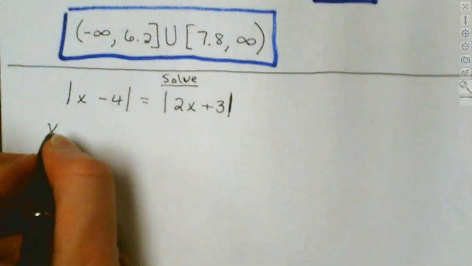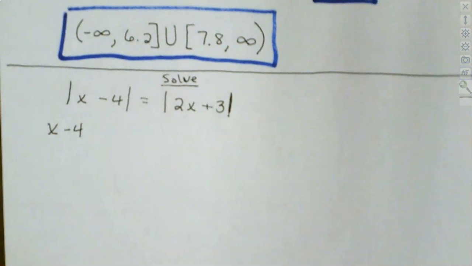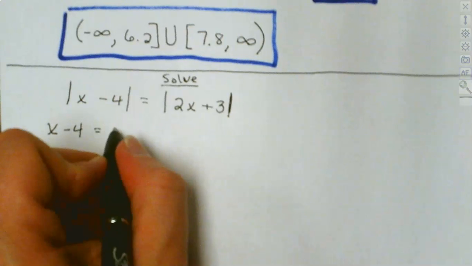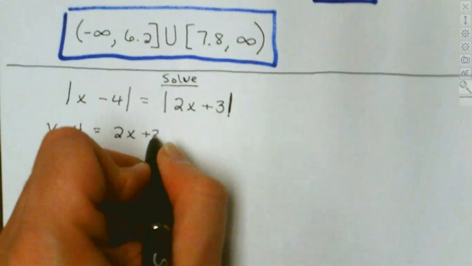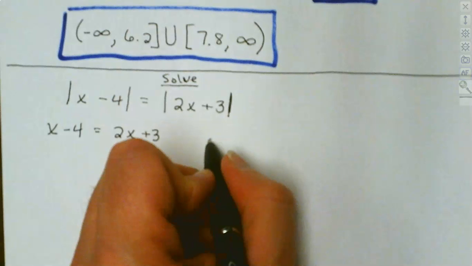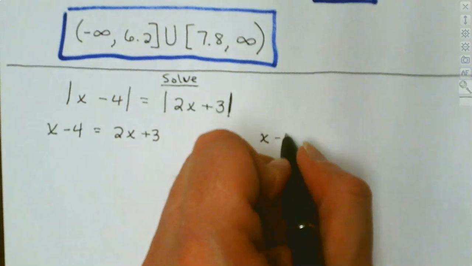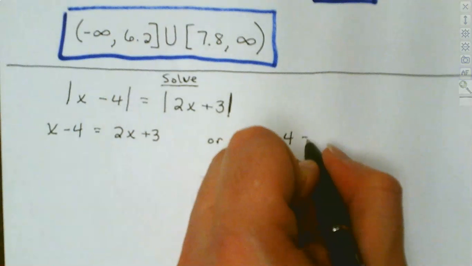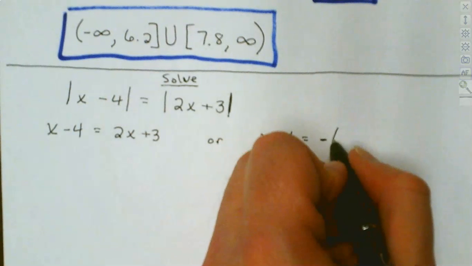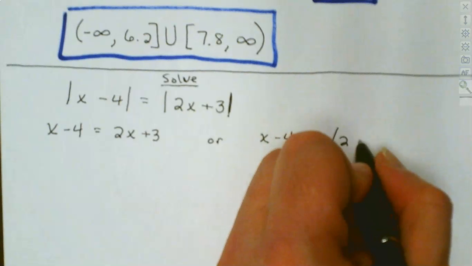So the first one is simply going to be x minus 4 equals 2x plus 3. Now the second one, what we do is we keep the left-hand side the same, but we change the right-hand side. So we put a negative out in front.